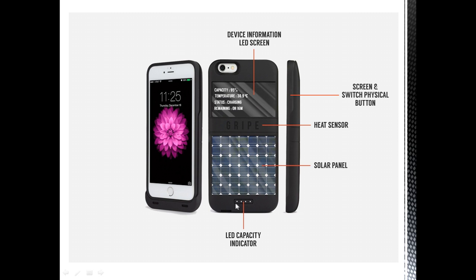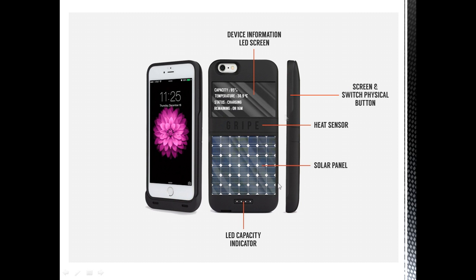When the color is red, it is low battery; yellow gives balanced performance. Also green is good, I think 90% until 100%, so it gives the green color.